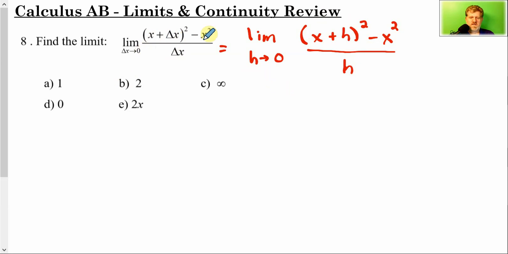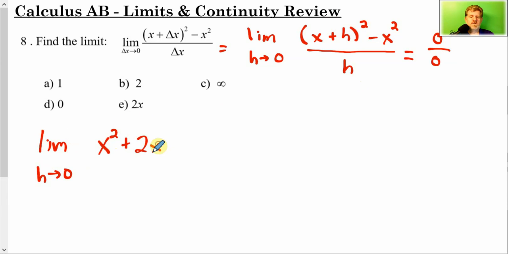Now if I plug in 0 for h, I'm going to get x squared minus x squared over 0. So that means I can do some work. All right, let's multiply this out. So let me square that binomial. Remember, the first squared, multiply and double, square the last.